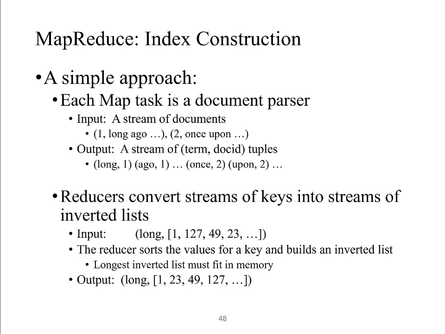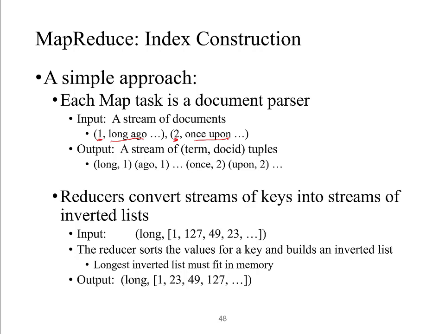The input is a stream of documents with a document ID like 1 and 2 and document contents. For the output, we just output a stream of term and document ID tuples.